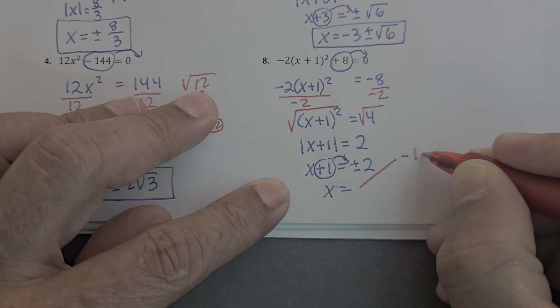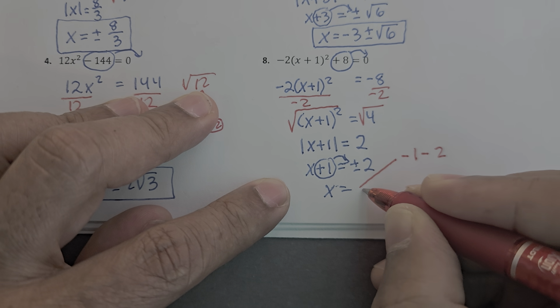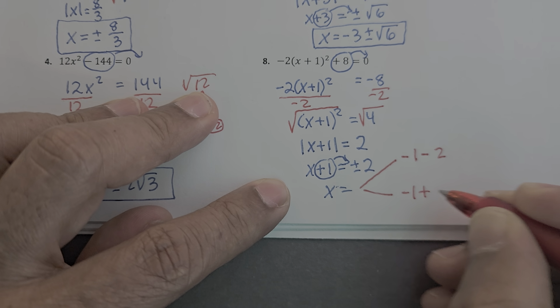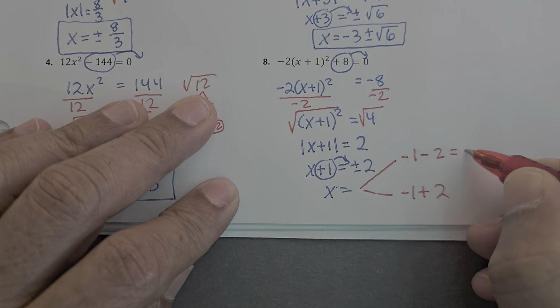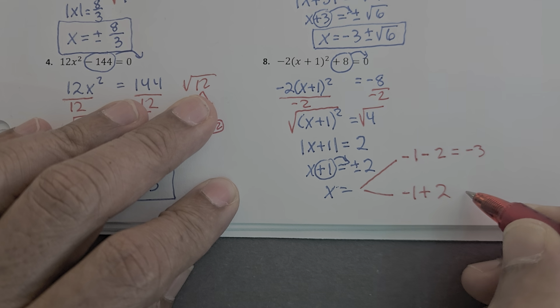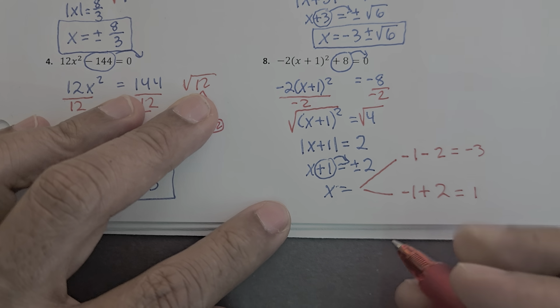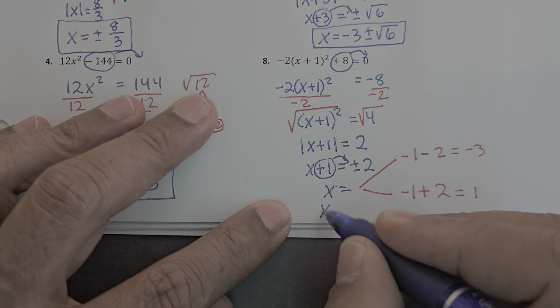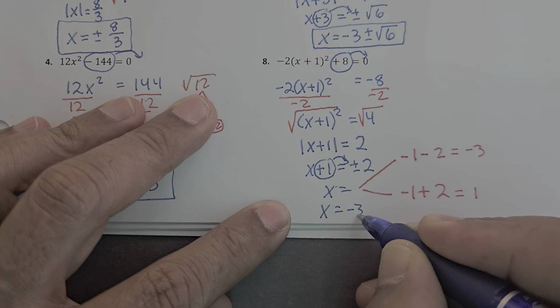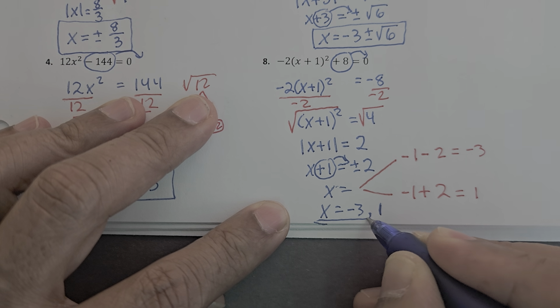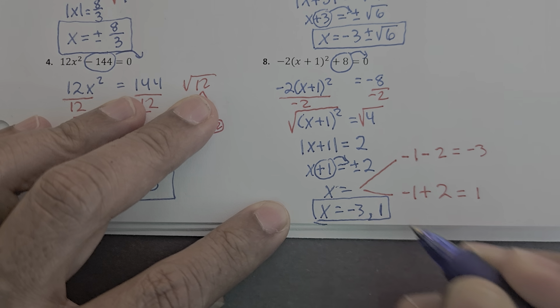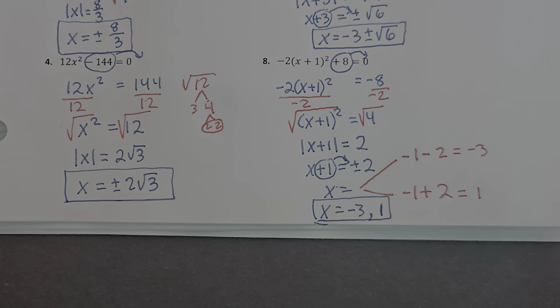One is negative 1 minus 2, and the other is negative 1 plus 2. Well, negative 1 minus 2 is negative 3, and negative 1 plus 2 is positive 1. So then x equals negative 3, comma, positive 1. So these are the solutions to this quadratic equation. Okay, so that's all for this lesson.